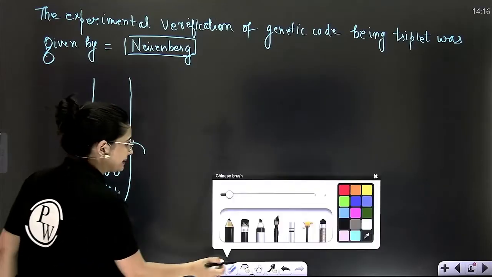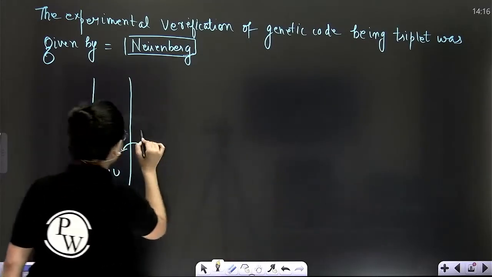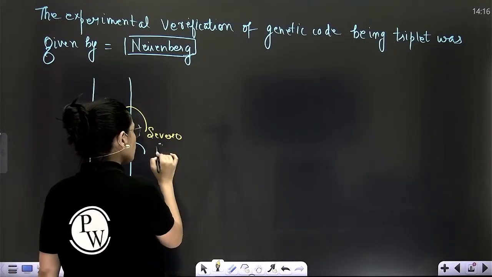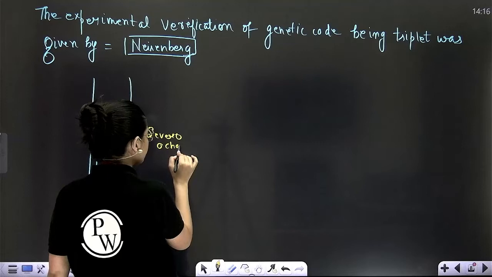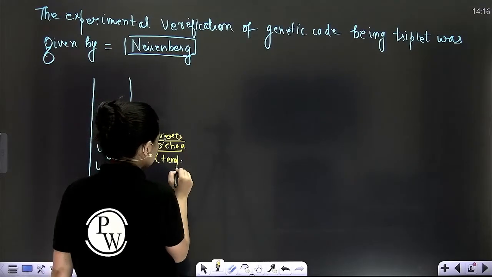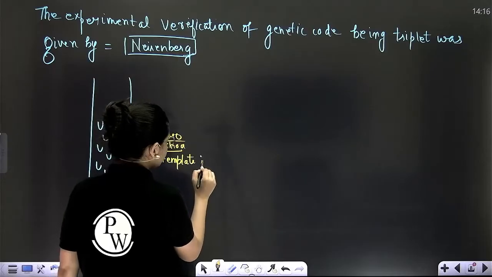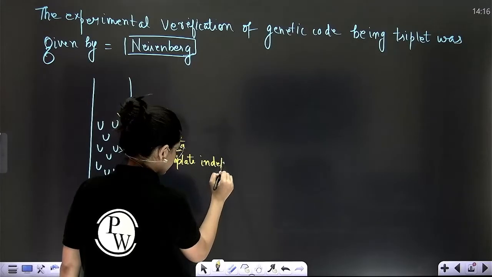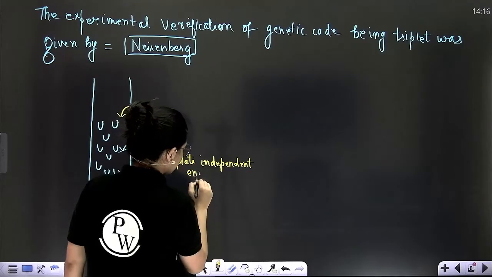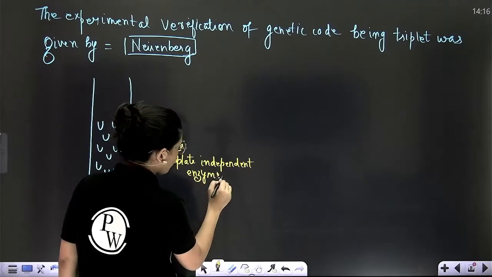Apart from adding these nucleotides, they added an enzyme which is Severo Ochoa's enzyme, polynucleotide phosphorylase. It is a template independent enzyme. That means it functions independent of the template.